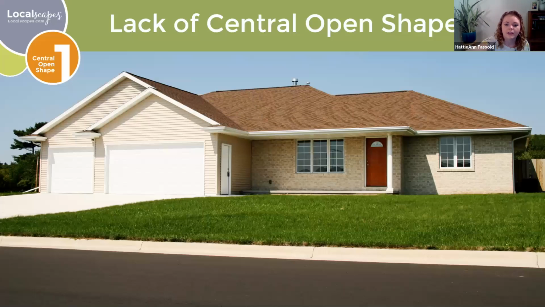And then the lack of an open shape. So this example is all lawn. This is pretty typical of Utah landscapes, right? A complete all lawn. There's no variation. There's nothing for the eye to catch because it's all flat.